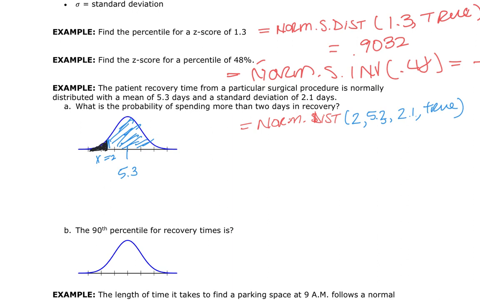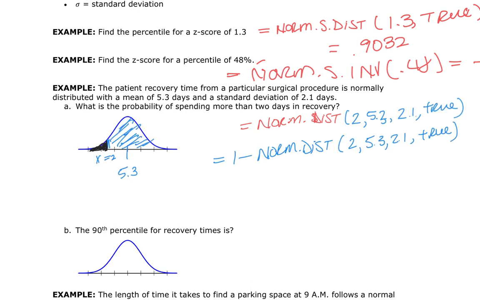So what I could do to fix that, because I really want this other blue shade, is I can do equal 1 minus the norm.dist of 2, 5.3, 2.1, and then true.